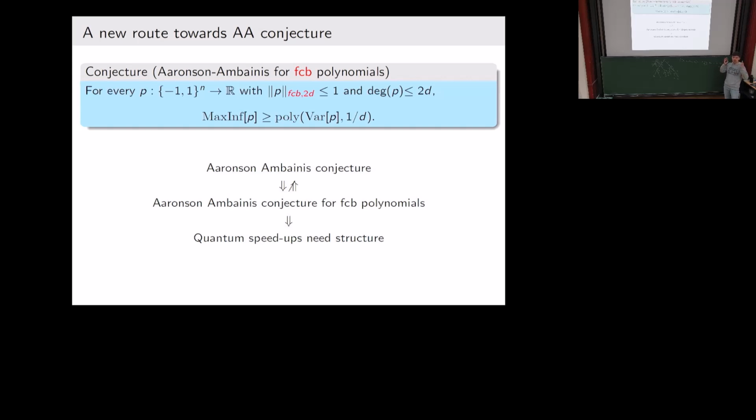So this is a survey of what we know about the Aaronson-Ambainis conjecture, what has been proven. And in the second half of the talk, we are going to define this Fourier completely bounded norm. We are going to see how you define this Boolean behavior for matrices, and we are going to prove a particular case of this Fourier completely bounded Aaronson-Ambainis conjecture, which is for polynomials that are homogeneous.